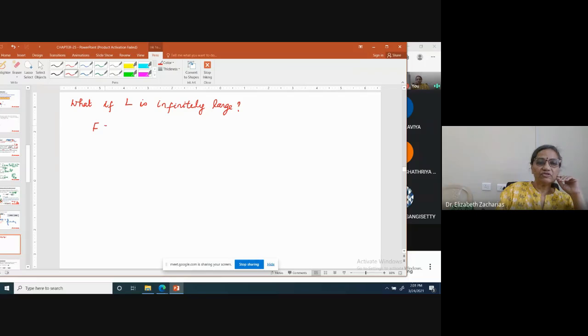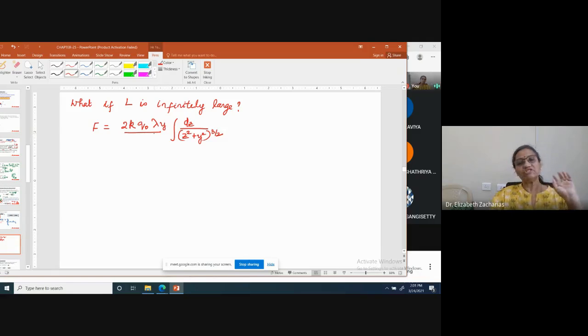So what happens is F will be equal to, if you remember, 2k q naught, then we had lambda, then you had y, then after that you did an integration of dz divided by (z square plus y square) to the power of 3 by 2.